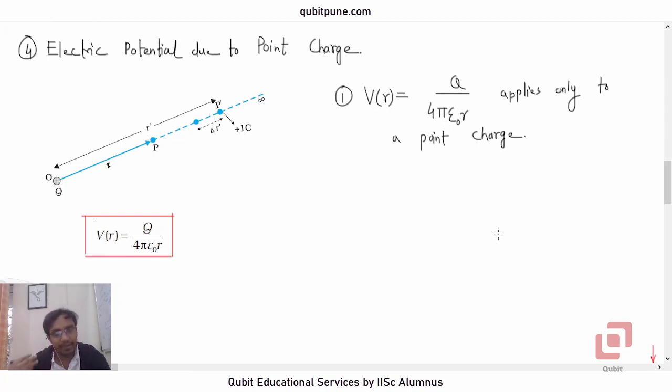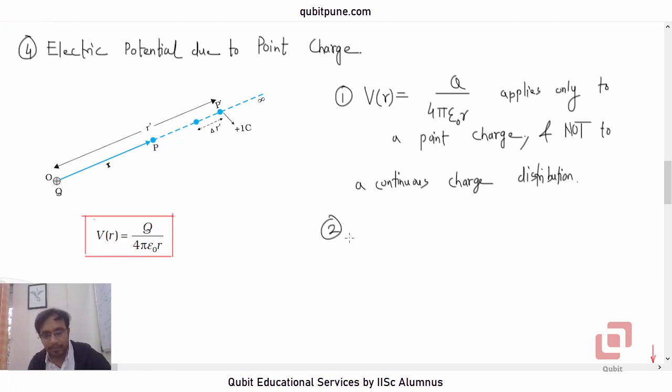We could calculate electric fields due to those because they were very simple symmetric charge distributions. But here we are not talking about continuous charge distribution. We are just talking about a single point charge. So V(R) is equal to Q upon 4 pi epsilon naught R. This applies only to a point charge and not to a continuous charge distribution.